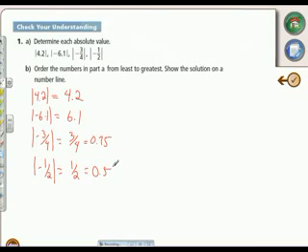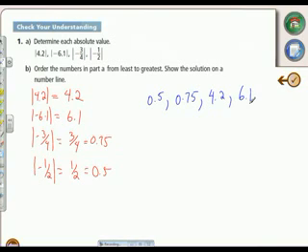So we're going to order them from greatest to least and show them on a number line. Put them in order. So therefore, of these, the smallest one is 0.5, then 0.75, then we've got 4.2, and then we've got 6.1 in that order. But I got to use the numbers that they gave me.